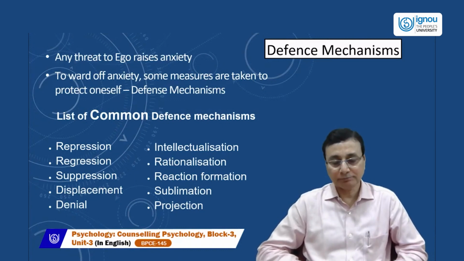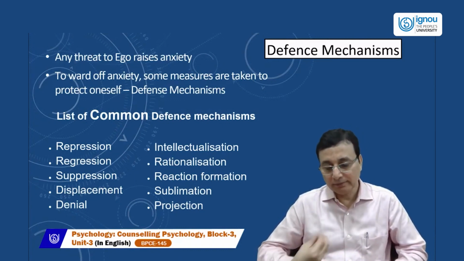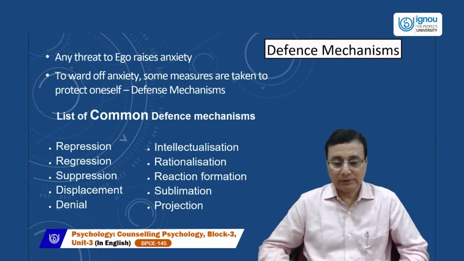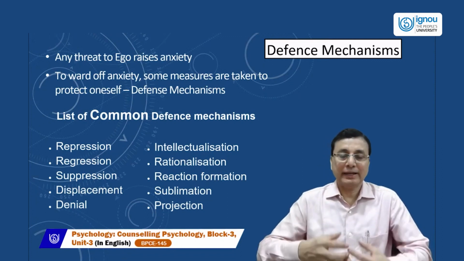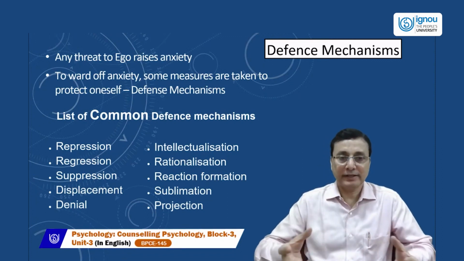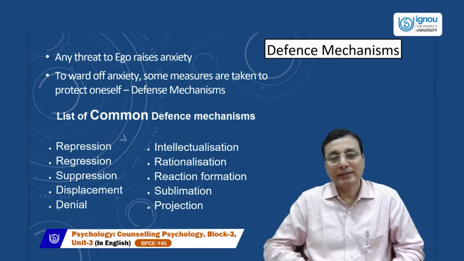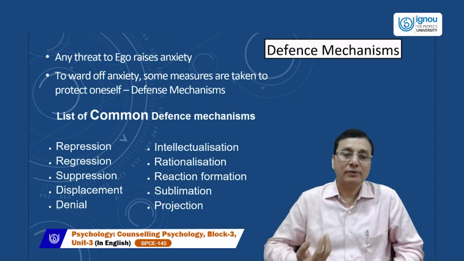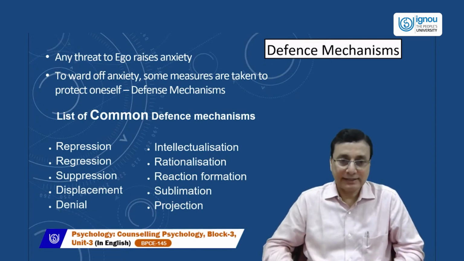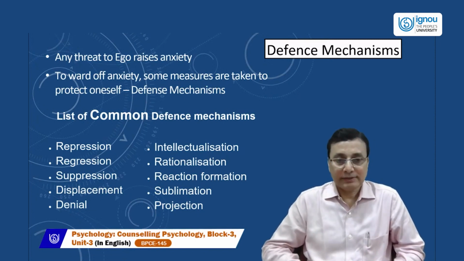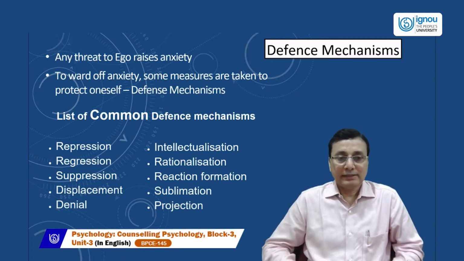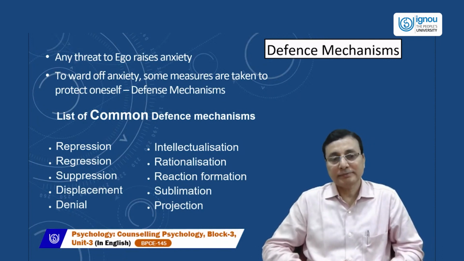Intellectualization is basically giving intellectual input and trying to justify a certain thing, whereas rationalization means you give some reasons for your failure or for your certain act. Then reaction formation, then sublimation, projection.